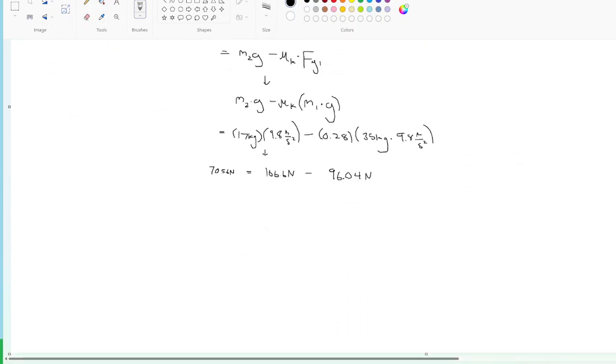So let's see, what does that mean? Let's redraw this system again. This is essentially equal to M1 plus M2, with Fk1 and then Fg2, which, as we already know, the net is going to be 70.56 newtons.